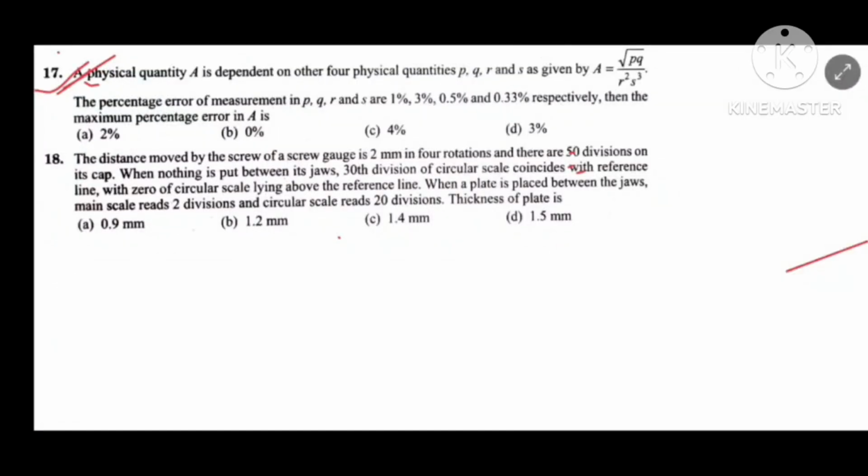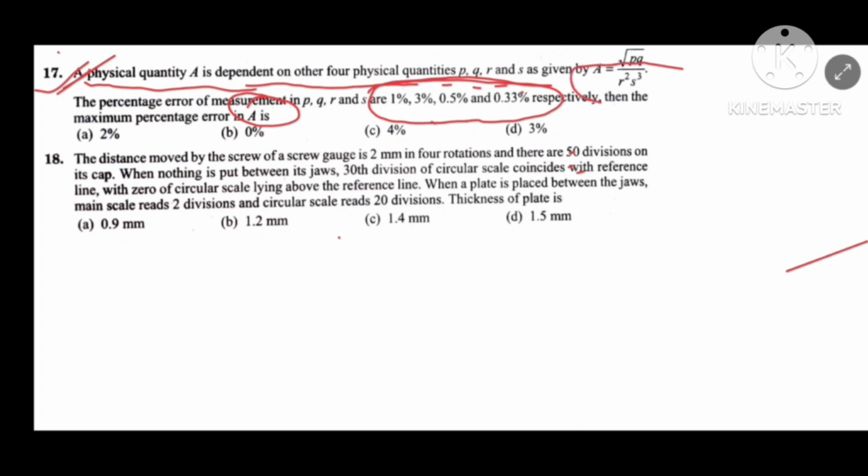A physical quantity A depends on other physical quantities P, Q, R, S as given by A equal to root under of PQ divided by R square into S cube. Now we have to calculate the percentage error of A, where the percentage errors of P, Q, R, S are given.